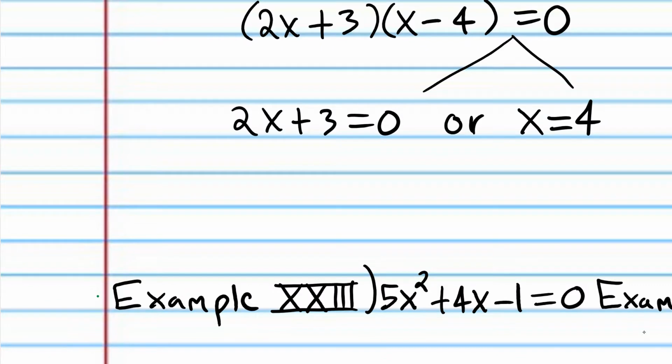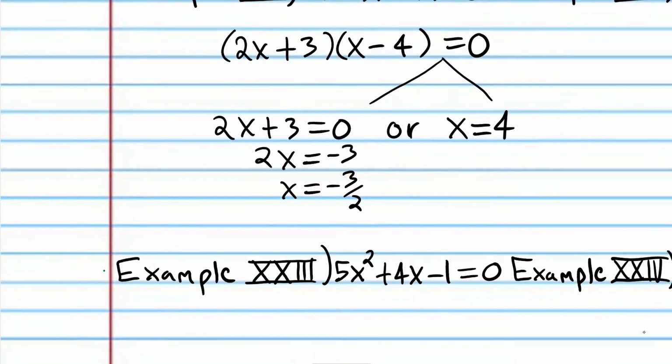So we're going to subtract 3 from both sides of the equation, and we get 2x is equal to negative 3. Then we're going to divide both sides by 2, and we get x is equal to negative 3/2. And so those are the two solutions. I might as well just bring that down.